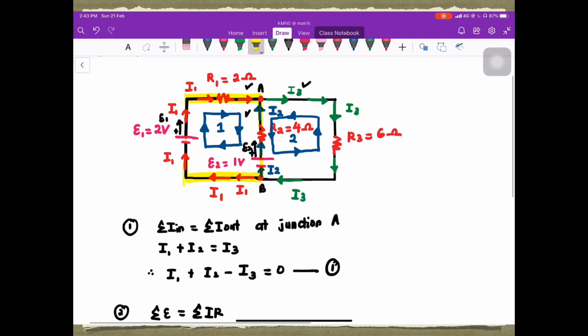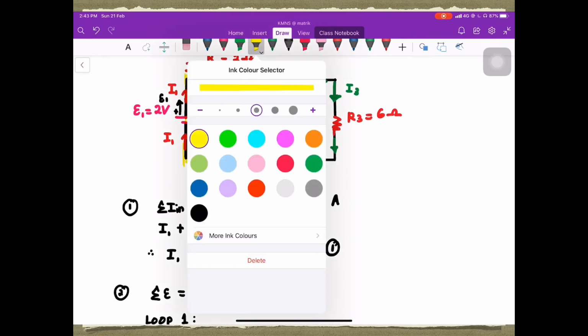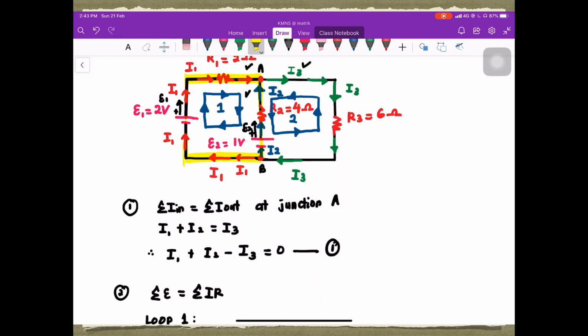So for loop 1, how many EMF? We have EMF 1 and also EMF 2. How many colors of current?